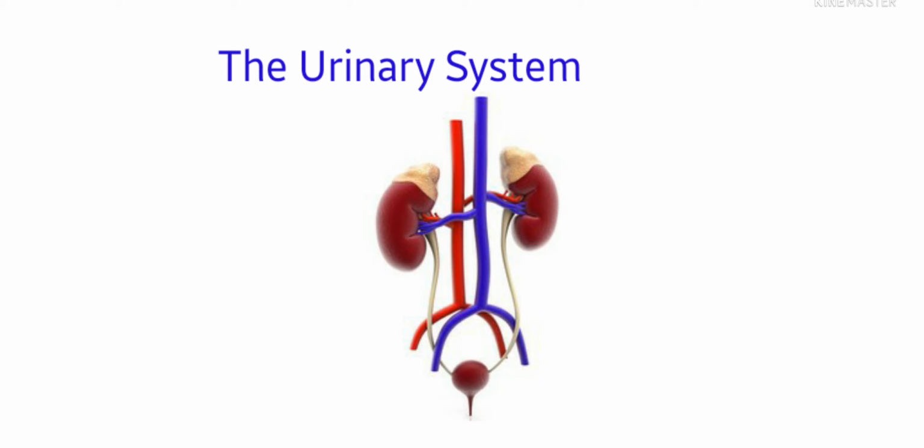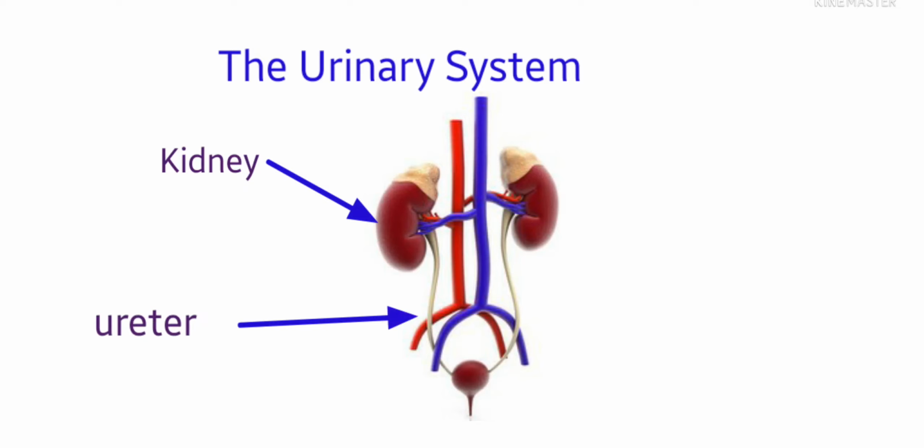Human kidneys are about 12 centimeters long by 7 centimeters wide and are bean shaped. A thin tube called ureter comes out of the concave side of each kidney and extends downwards to the large bag called the bladder.